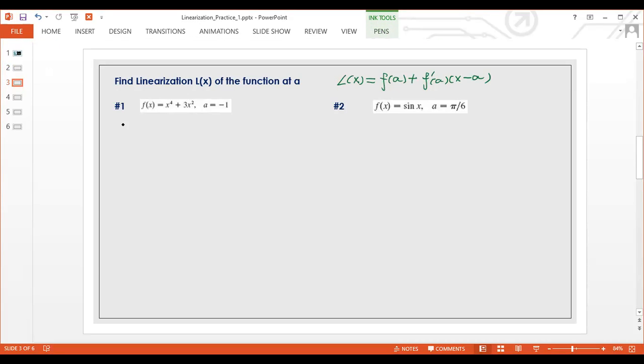So for f(x), the first thing is to find f prime(x). We should be very good at derivatives by now. So this will be 4x cubed plus 6x. Then I plug in the numbers, f of -1.